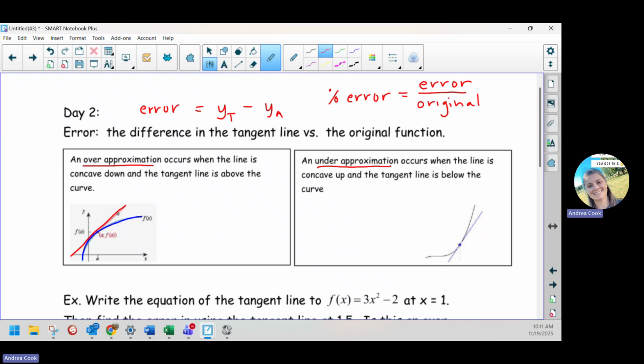So when you approximate using the tangent line, it's going to be an over approximation because the tangent line is above. An under approximation occurs when the original function is concave up. So if I have this concave up function, when I draw my tangent line it is going to be underneath it, which will make an under approximation. So those are your important things: concave down, concave up. Concave down is over, concave up is under.